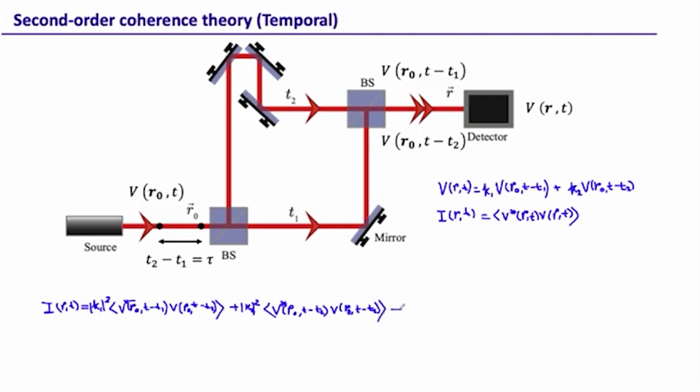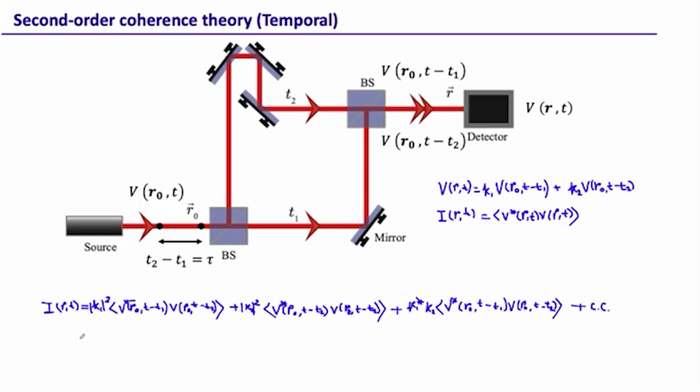Now the cross term is K1 star K2 times the ensemble average of V star(R0, t minus t1) V(R0, t minus t2). There will be one more cross term which will just be the complex conjugate of this one.